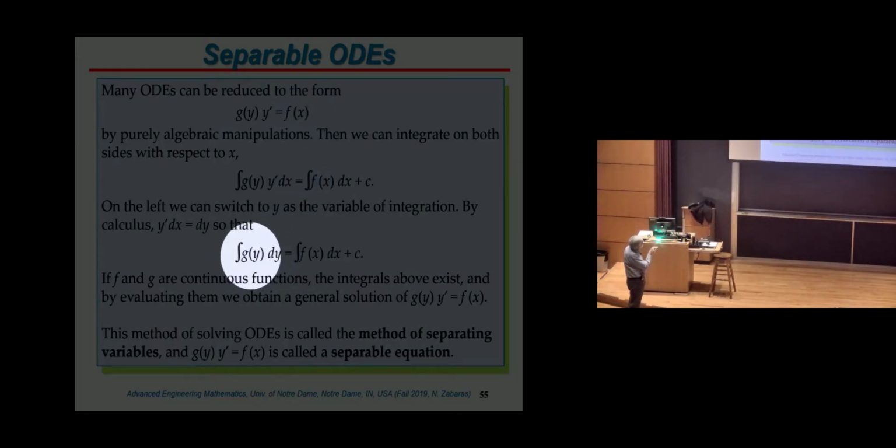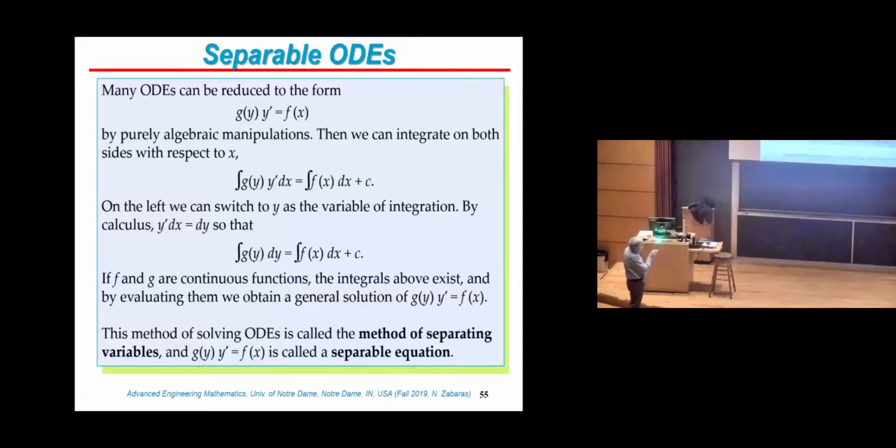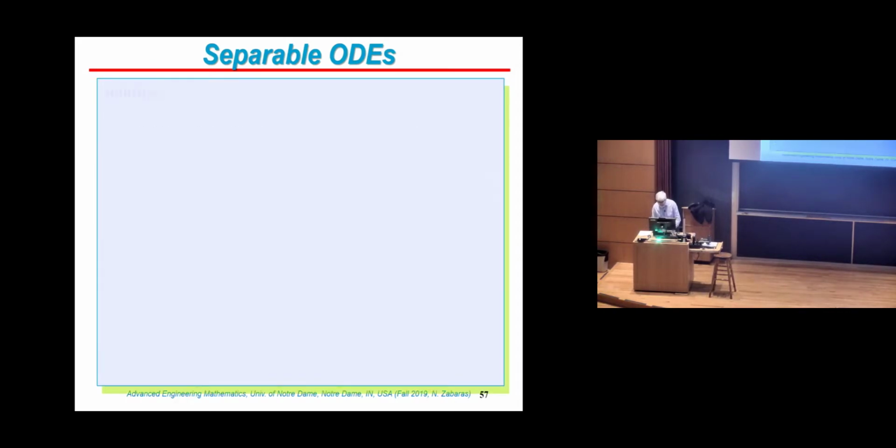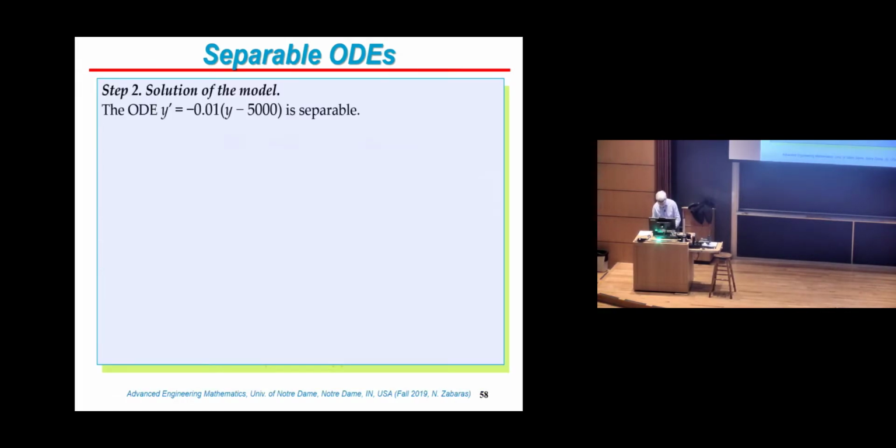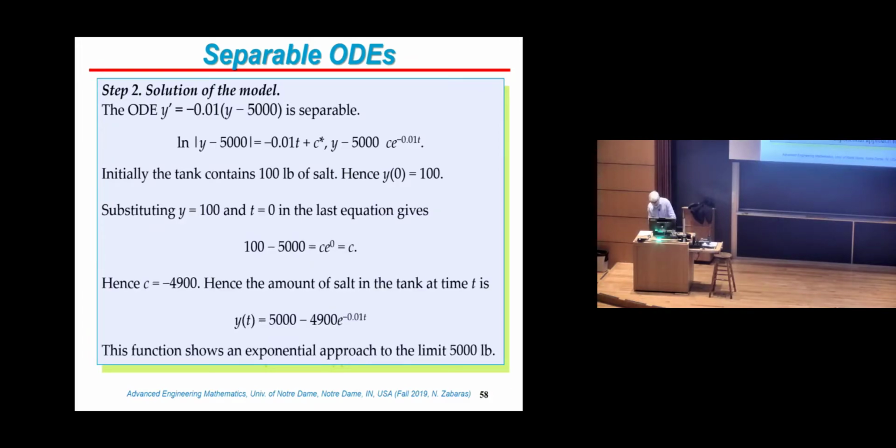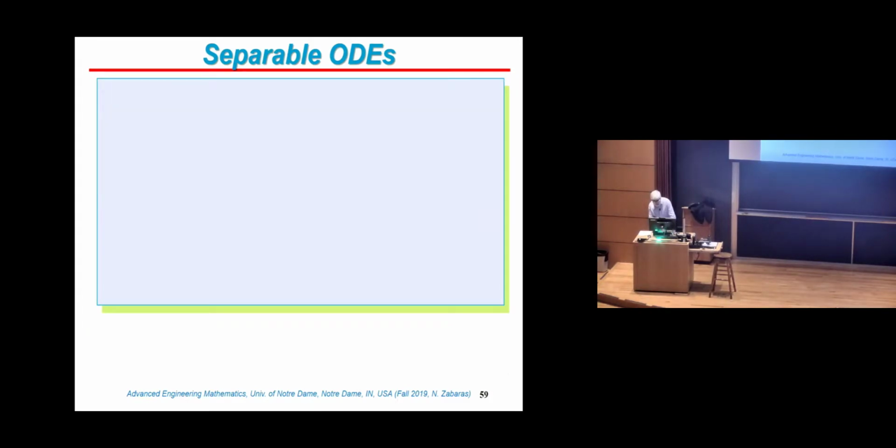So you can find a solution, at least implicitly, by integrating in y on the left-hand side and in x on the right-hand side. This is the easiest possible case of a separable equation. I don't want to do this example because it's simple and you will read it.